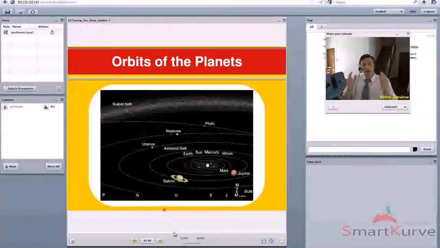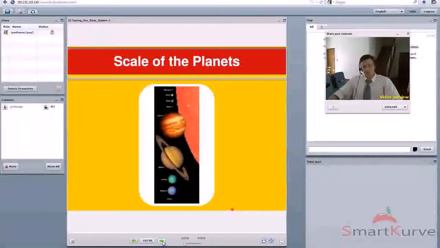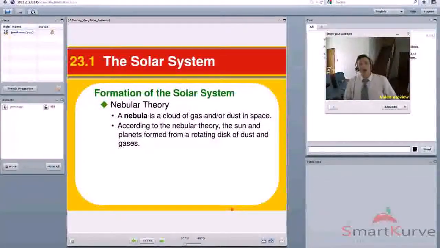It's an interesting question. And there are a lot of scientific theories that try to answer this. One very interesting theory is the nebular theory. So let's take a look at that again on slide 11. We see a nebula is a cloud of gas and dust in outer space. According to the nebular theory, the sun and the planets formed from a rotating disk of dust and gases.